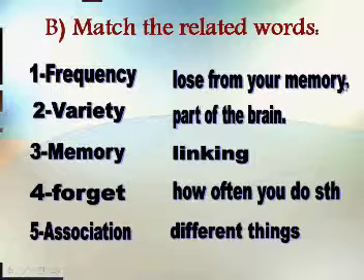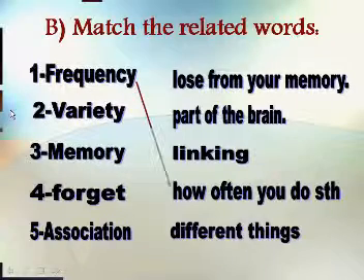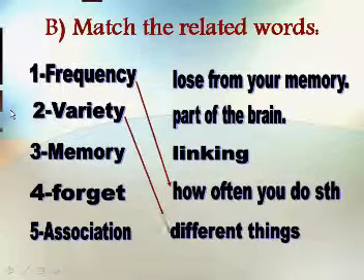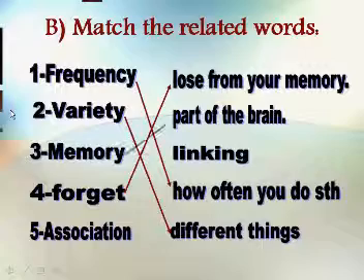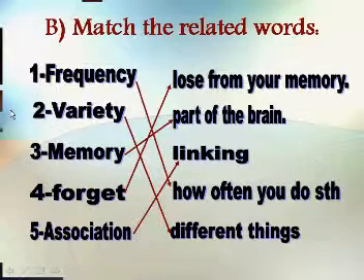Forget means to lose from your memory, and association is linking. Look at the answers now. Frequency is how often you do something. Variety means different things. Memory is part of the brain. Forget is to lose from your memory, and association is linking.